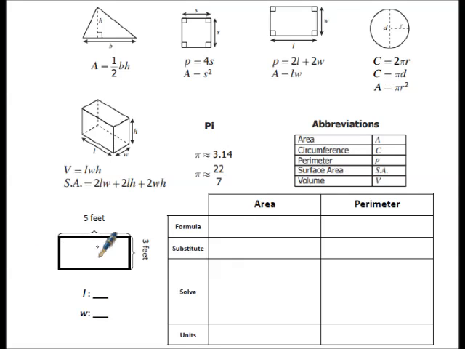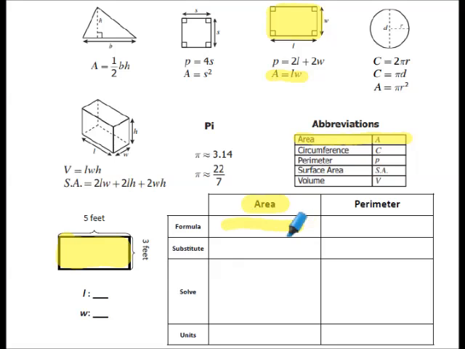If I see that I want the area of this rectangle, then I'm going to go over to the rectangle, and area is abbreviated A in these formulas. So if I'm looking at the area of the rectangle on your formula sheet, you look for the formula that says A underneath that shape.